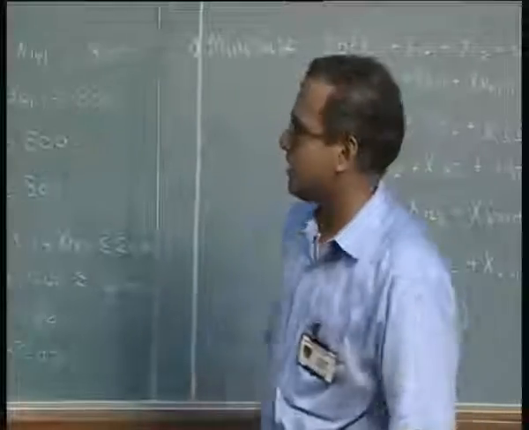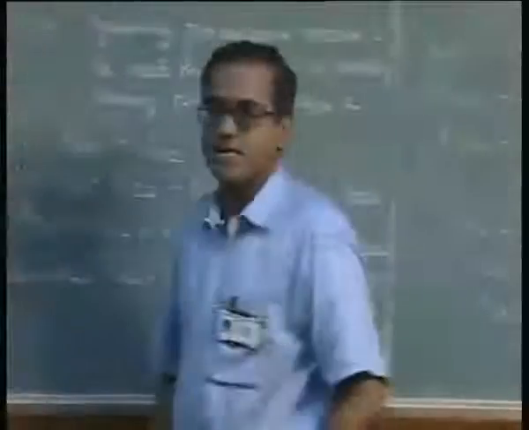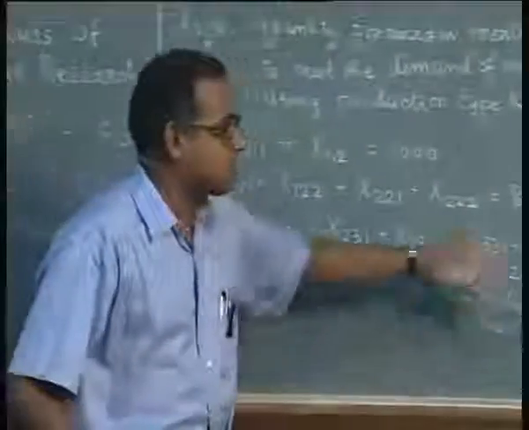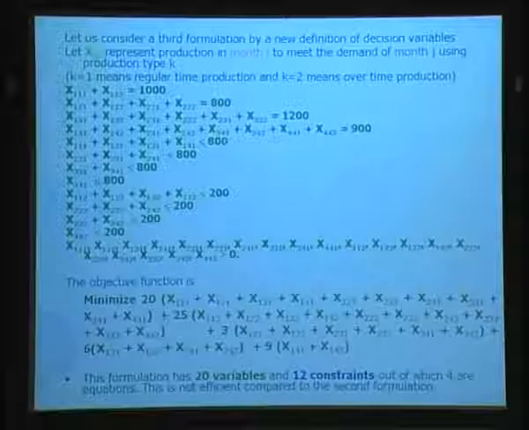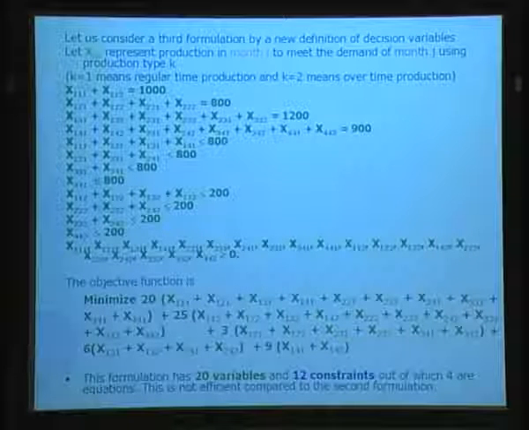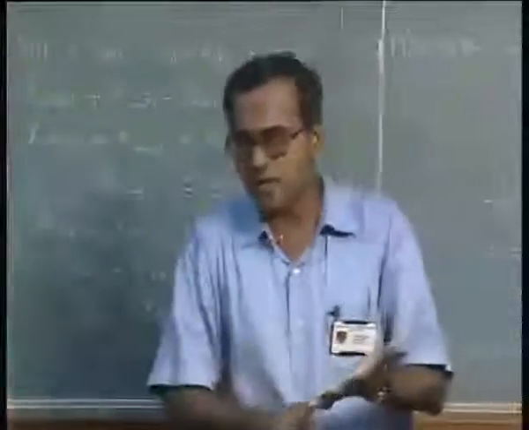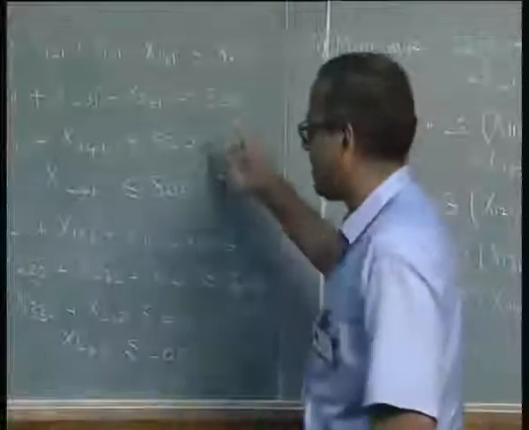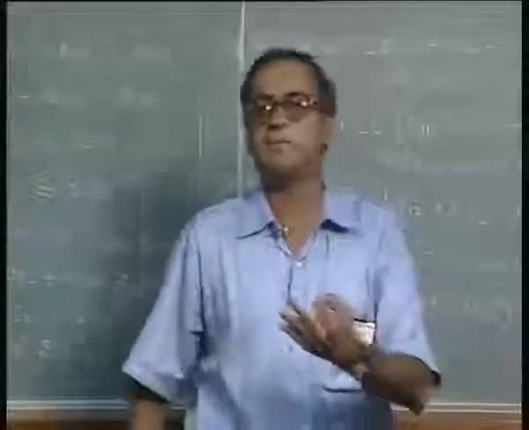We also looked at the problem where we introduce the greater than or equal to constraints. You do not see them here, but we did introduce greater than or equal to constraints when we eliminated the inventory that is carried. So, constraints can be of 3 types: less than or equal to type that you see here, equations that you see here, and greater than or equal to type. So, we have seen 3 types of constraints.